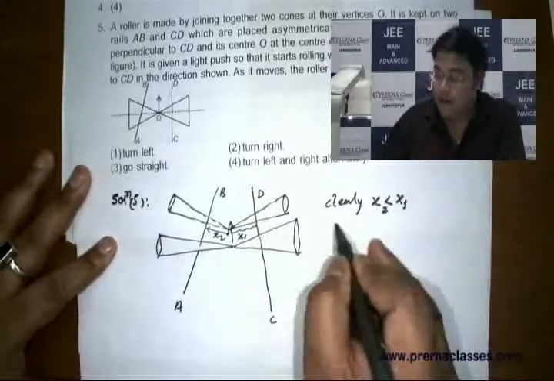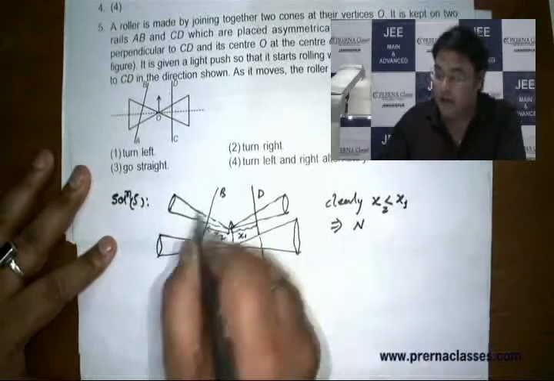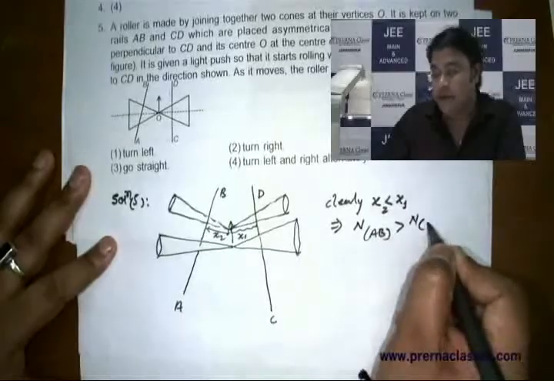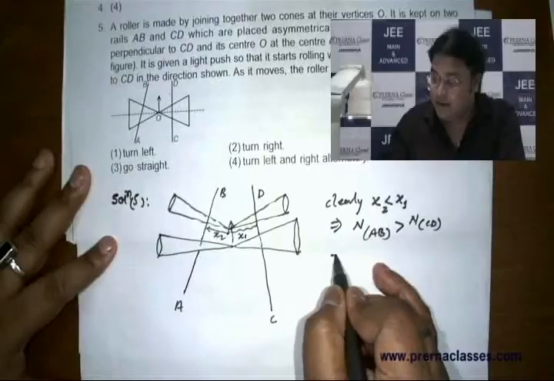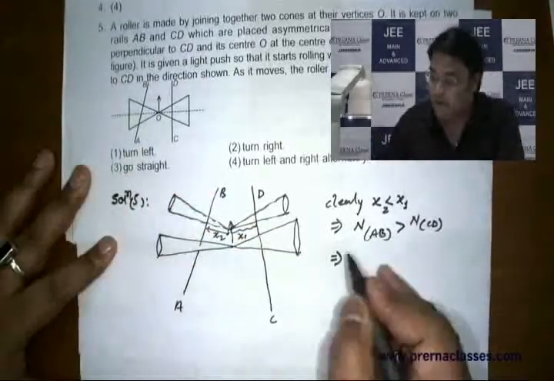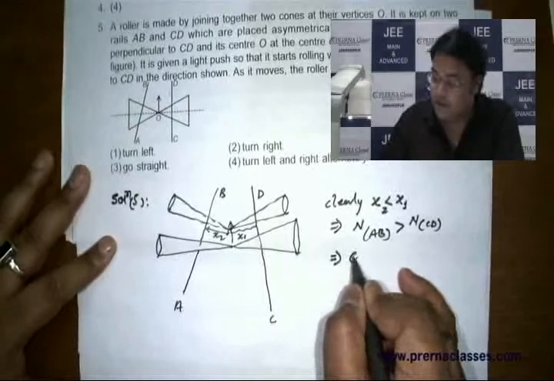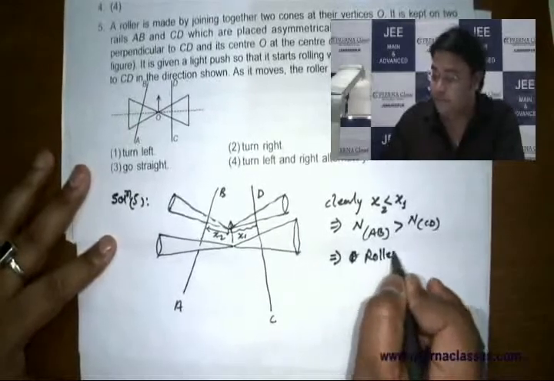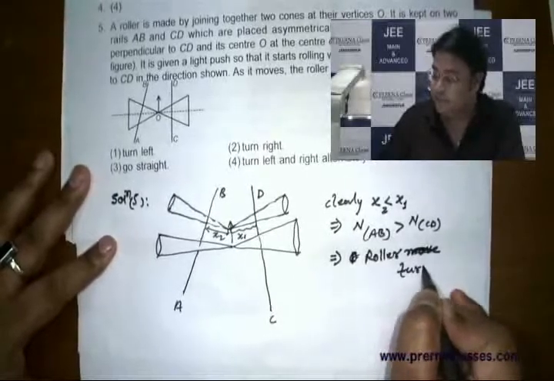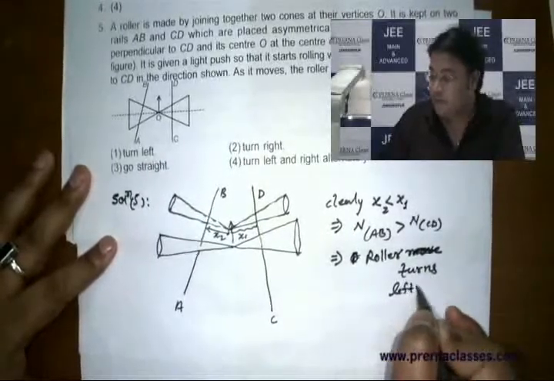So that implies the normal reaction on the AB line is greater as compared to the normal reaction on the CD line. Clear? So as a result, the roller tries to move backward. That implies the roller turns left. Okay? So that implies option 1 is correct.